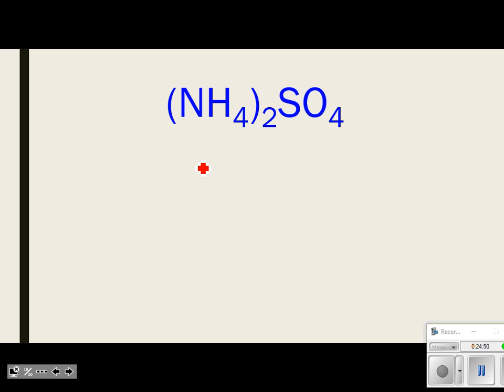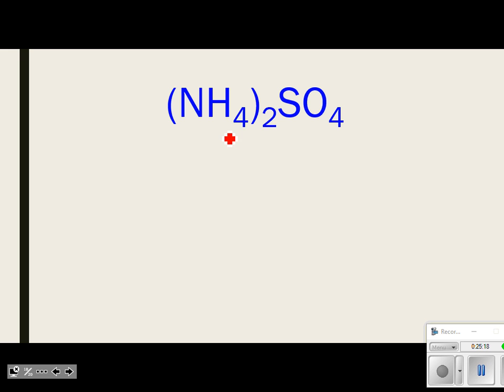We'll talk about some stuff on WebAssign on a couple slides here. But nonetheless, they are capital I's. I've seen people put lowercase l's. You and I can't see the difference because of the font, but WebAssign can because it's a computer.